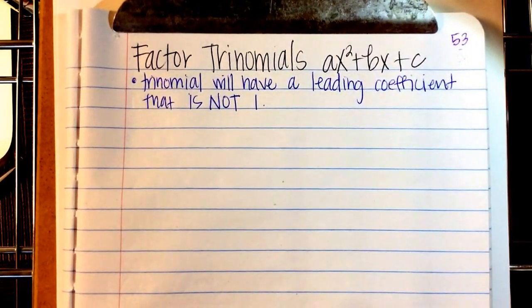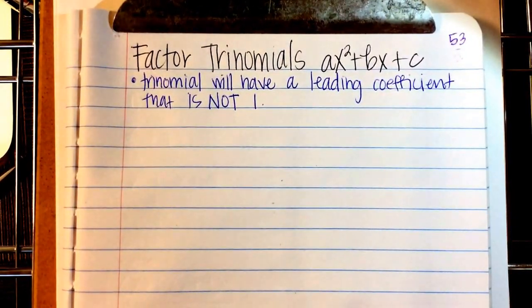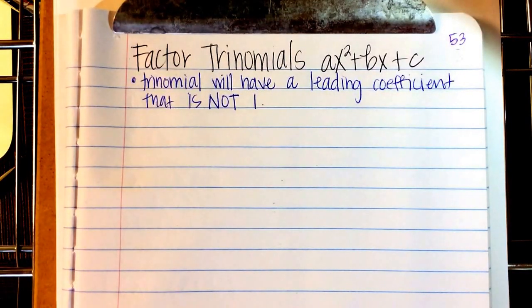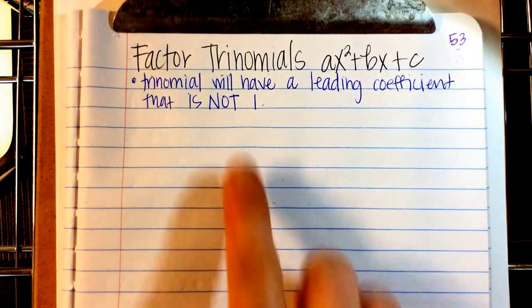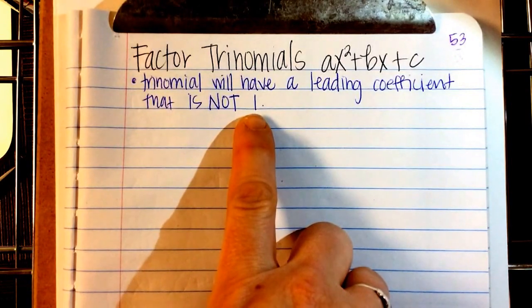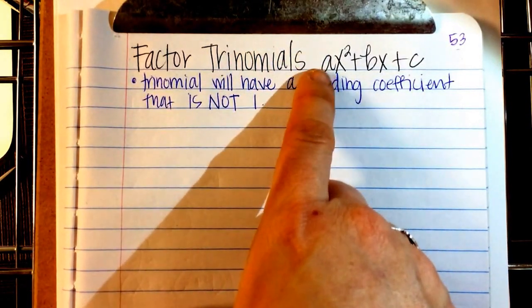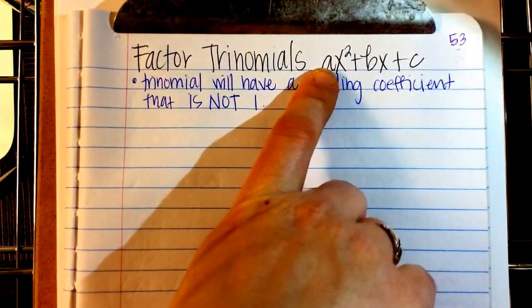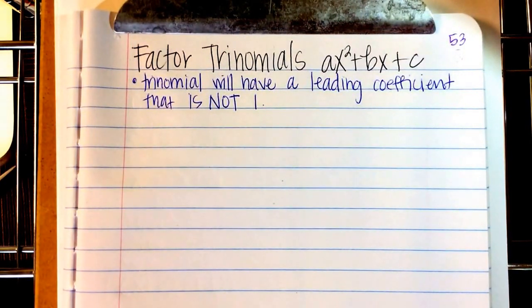The other way of just looking at the factors of C and seeing if there's a sum of B, that was if the coefficient is 1. But today we're going to have a leading coefficient. That A value, that space, is going to be a number that is not 1. And there are some steps to follow.